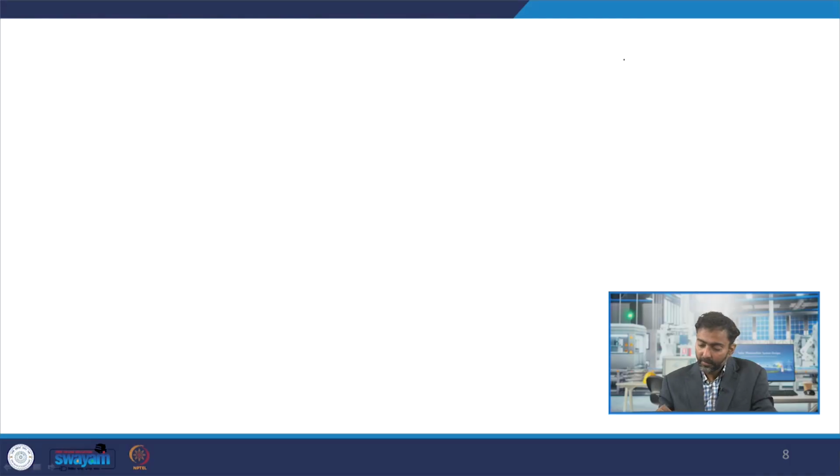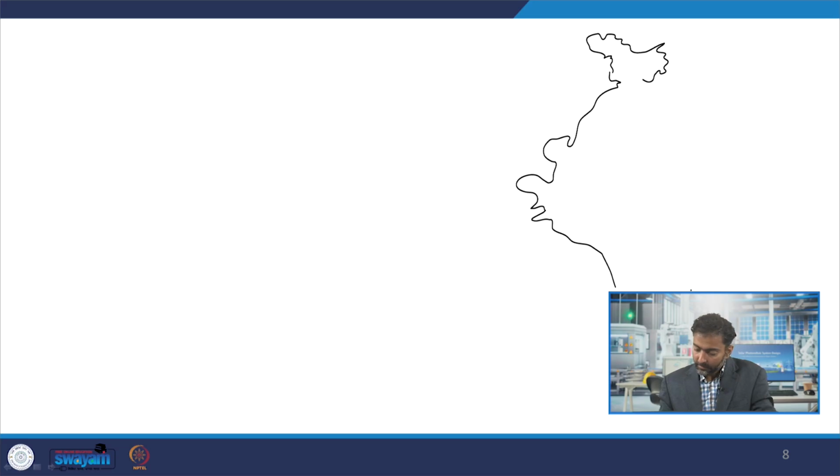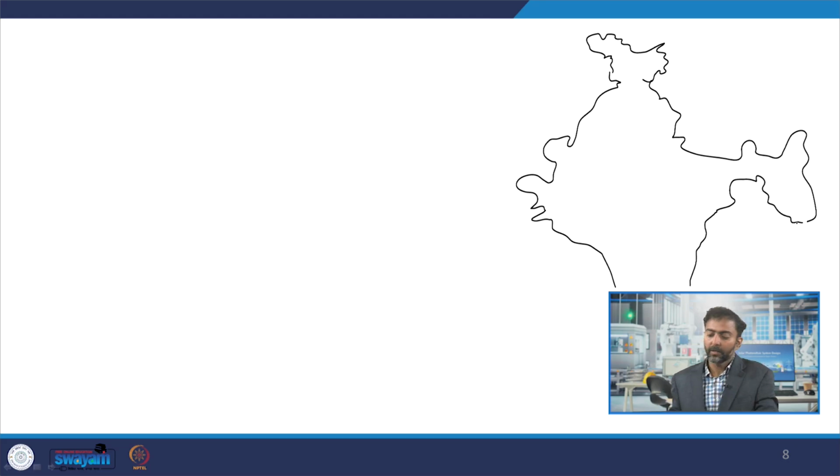Suppose I make a rough map of India, just for the sake of explanation. Going southwards, a rough map of India.